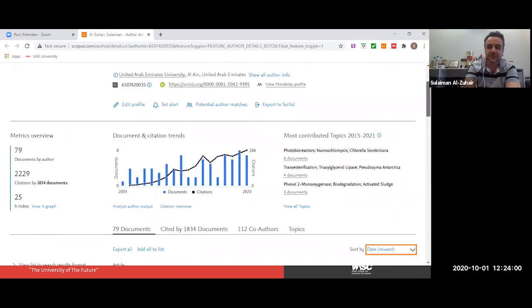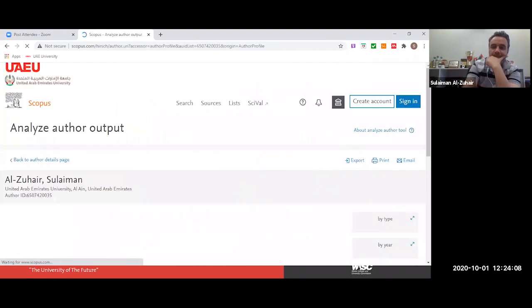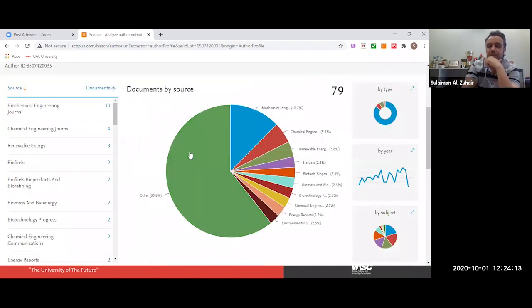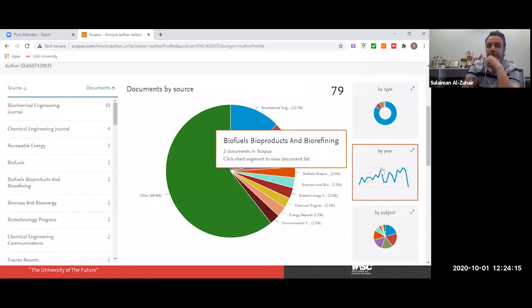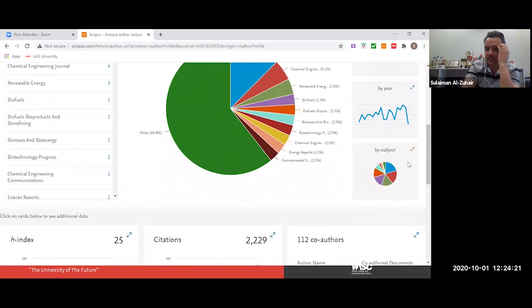If you look at something here called Analyze Author Output, it gives you more information about the author. It shows the fields that you published in, the publications per year, the type, whether they are articles or other types, and the subjects that you publish in.